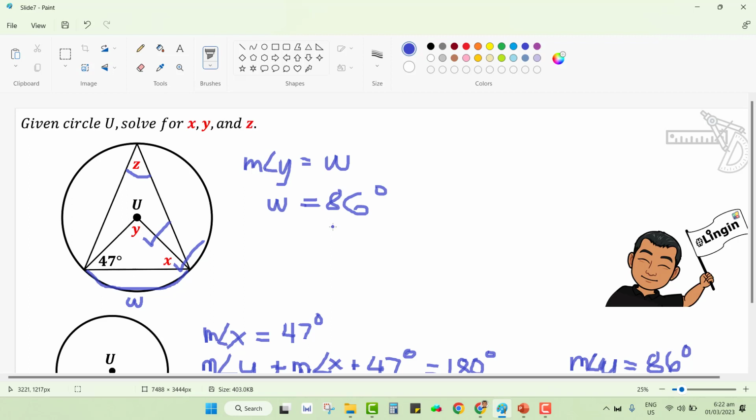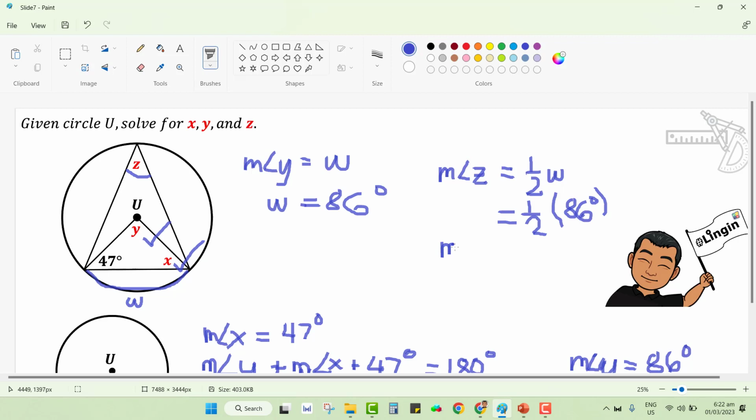We know that the measurement of any inscribed angle, in this case Z, is just equal to half the measurement of the intercepted arc W. So the measurement of angle Z is half the measurement of W, which is 86 degrees.